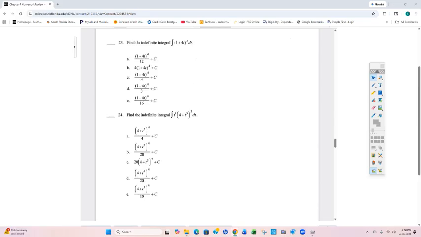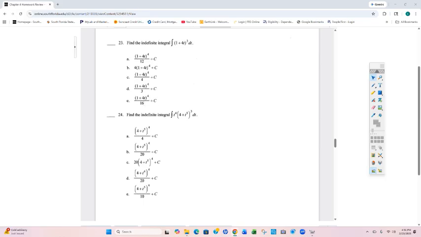In the numerator, 1 plus 4t in parentheses to the fourth power, in the denominator 4, and then a plus c on the end. D, in the numerator, 1 plus 4t in parentheses to the fourth power, in the denominator is 3, and a plus c on the end. E, in the numerator, 1 plus 4t in parentheses to the fourth power, in the denominator is 16, with a plus c on the end.